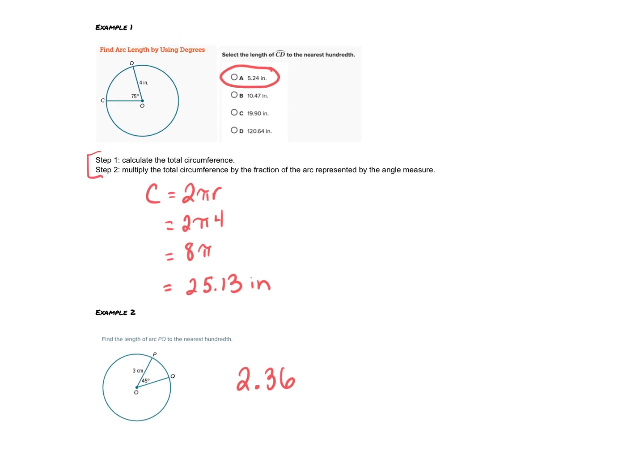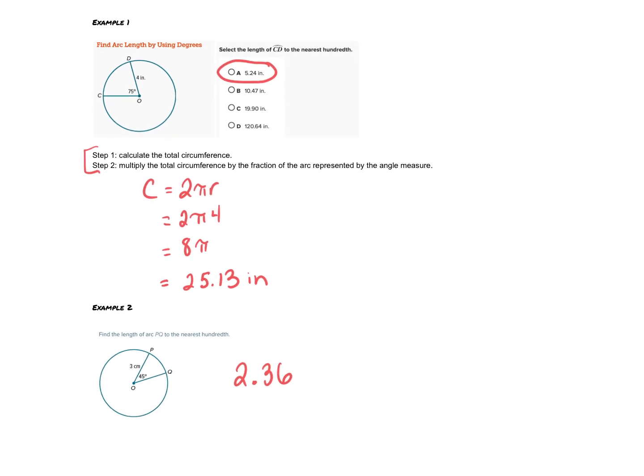So to get just arc CD, I need to take my total circumference and multiply it times the portion of the circle that CD represents, which in this case is 75 degrees of the total 360.